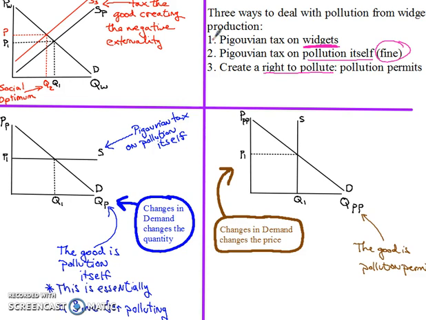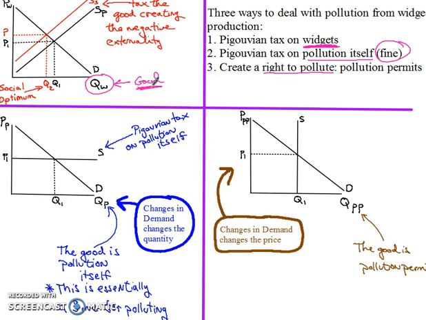The first one is taxing the good that creates the pollution. That's this graph right here. This is our normal Pigouvian tax. Here's my good, widgets. It's really important to say what the good is. What is the good that we're going to be putting on the horizontal axis? It's going to be a really big deal here.